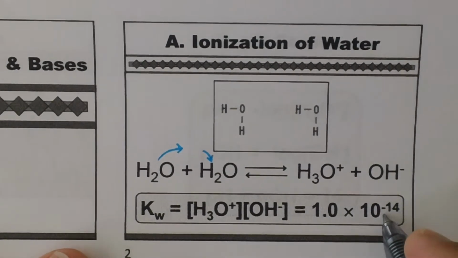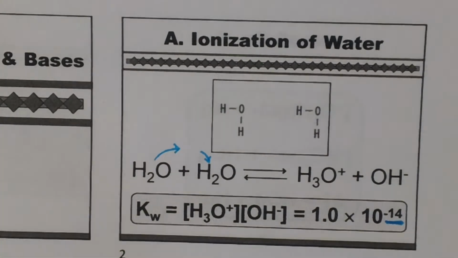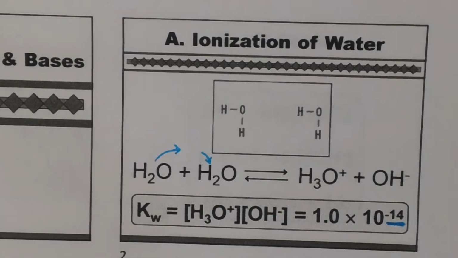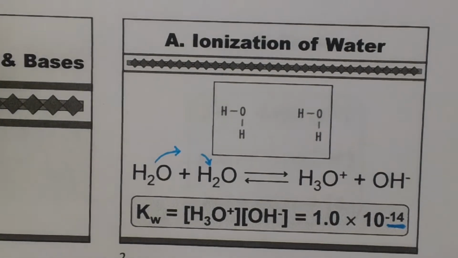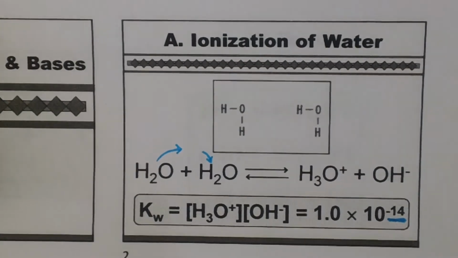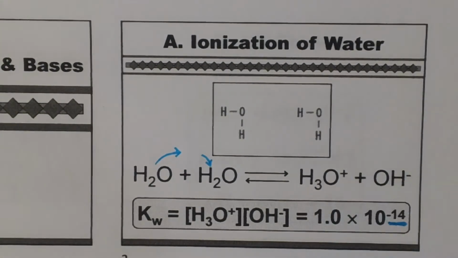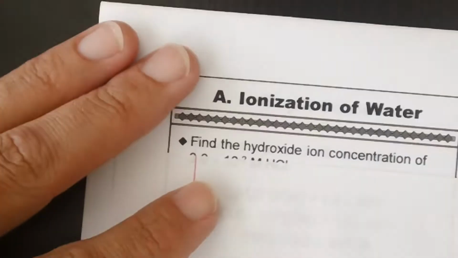We should recognize that 14 number when we look at the pH scale, and we say the pH scale goes from 0 to 14. That's where that 14 is coming from. And so this is going to get us to the pH problems in not very long. But water does conduct a little bit of electricity even in its purest form because it goes through that self-ionization.